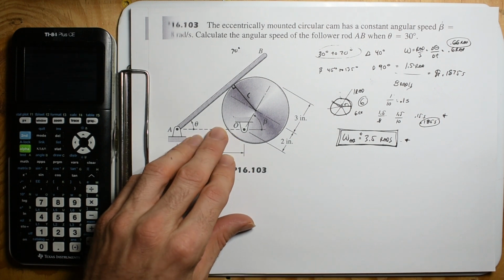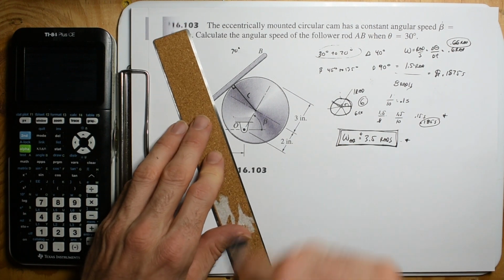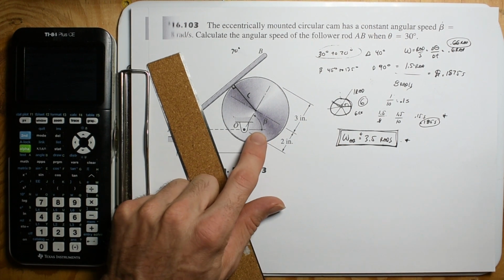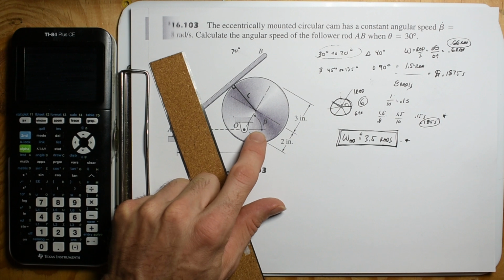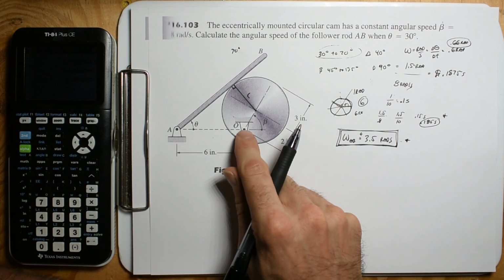Yeah, this might be a brutal one. And then we have to incorporate this angle beta, maybe, at some point. Well, this is the hard part about these problems. You're just like, damn, what do I do?